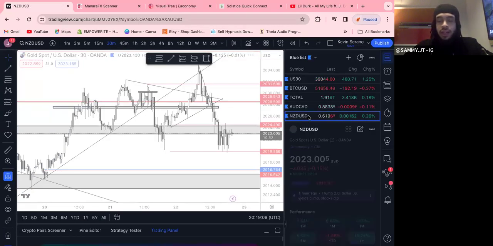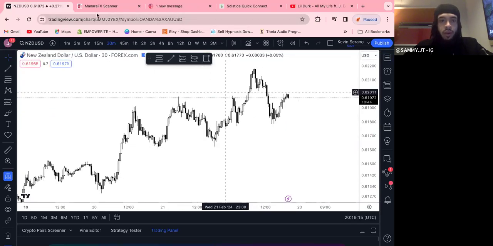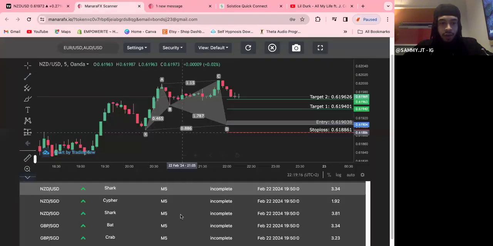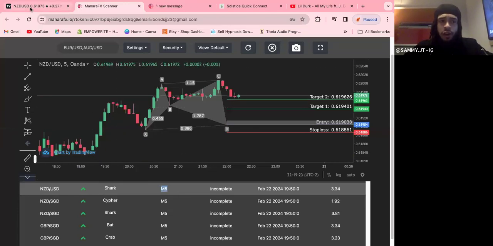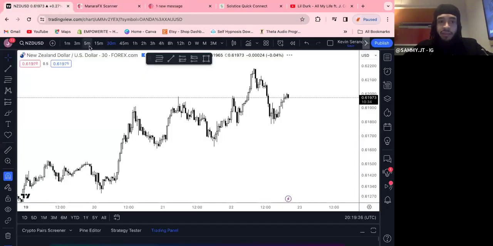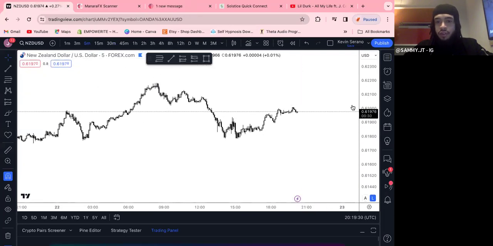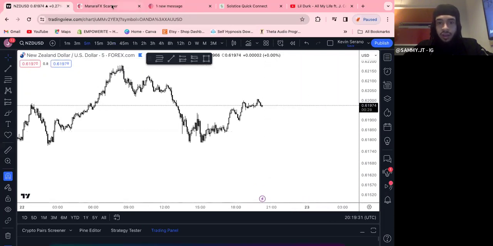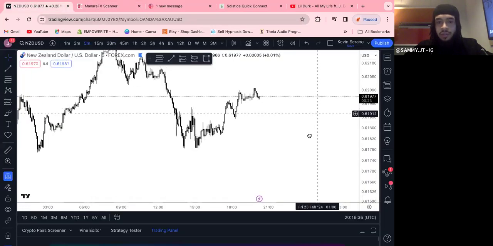So we have a clear chart, okay? Now, the scanner gave us the time frame of M5. So that's a 5-minute time frame. So you're going to come to the same chart and you're going to go to the 5-minute time frame. Okay, so this is the exact same view that the scanner's given us.